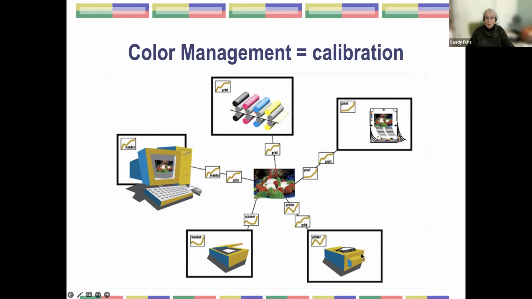Now, if you go to print and you say, oh, the printer definitely doesn't look like the original because maybe it adds yellow, it's more concentrated in the yellow. We can actually do a calibration on the printer, store a lookup table so that whenever we go to print to this printer, it takes a little yellow away.